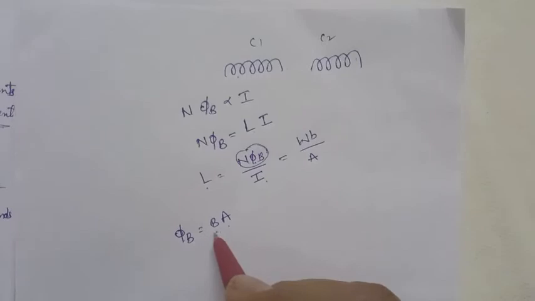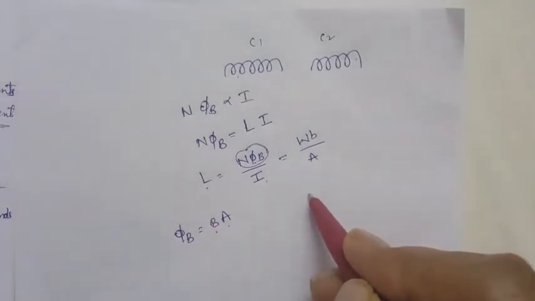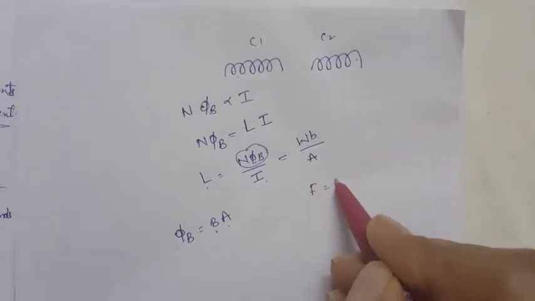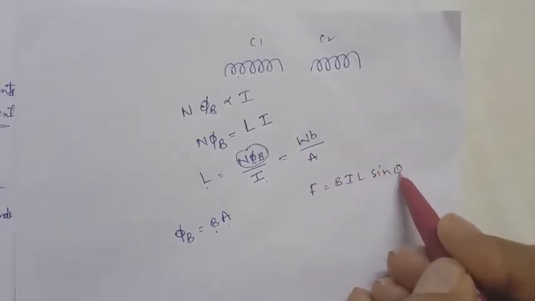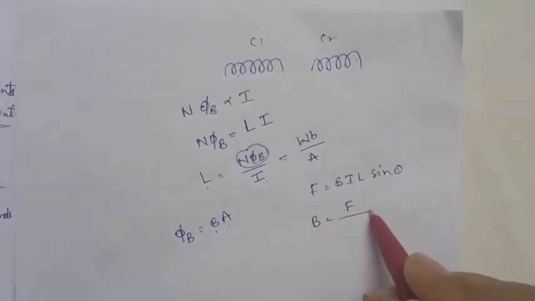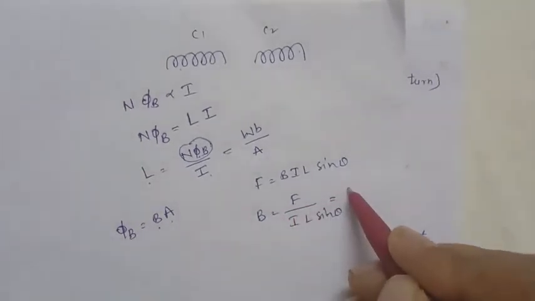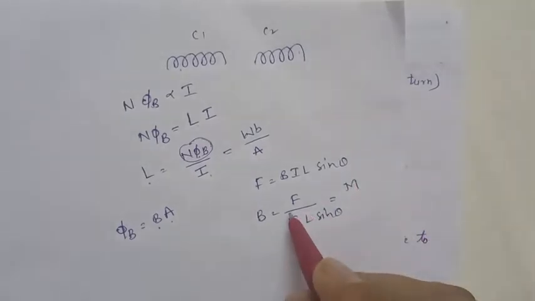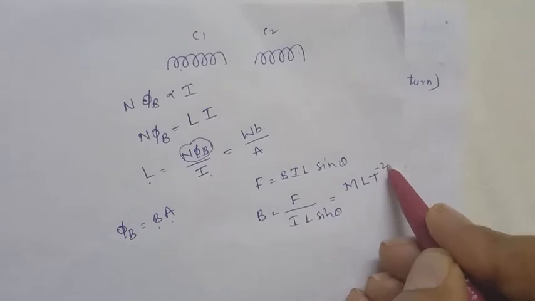So what is the dimension formula of B? I will calculate here. From the formula F is equal to B I L sin theta, which all of you know, B is simply F by I L sin theta. The dimensional formula of F is m a, where a means acceleration, L T power minus 2.